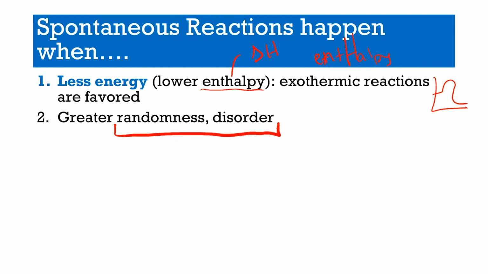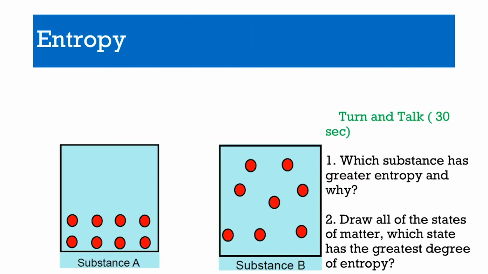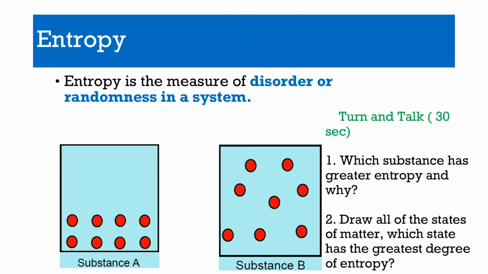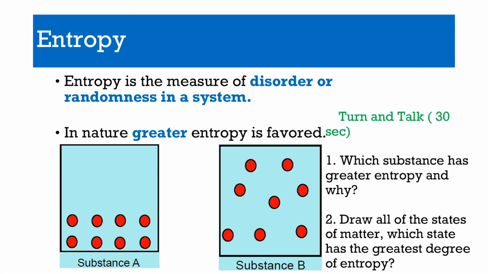Moving ahead, look at slide number 5, entropy. It is the measure of disorder or randomness in a system. In nature, greater entropy is favored, meaning a high amount of randomness and disorder is favored.